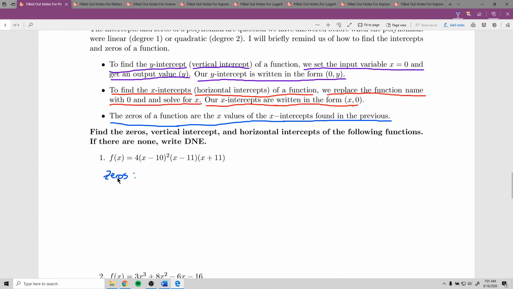So we know to find the zeros or the x-intercept, we replace the f of x with 0. And now one thing to notice here is this is already factored. You don't want to unfactor anything ever.